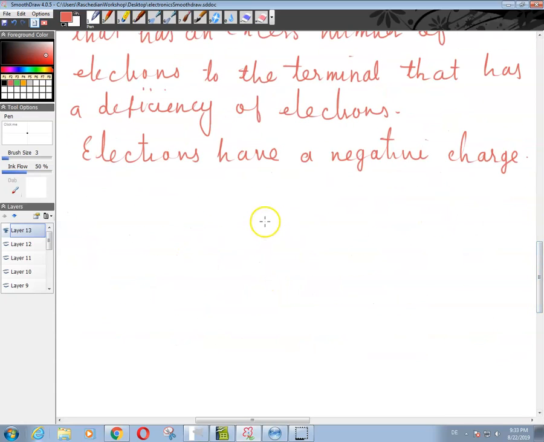So for example, if you have a lamp over here, and a battery connected this way into this circuit, since the electrons have the negative charge, this flow of electrons takes place from the negative pole of the battery.